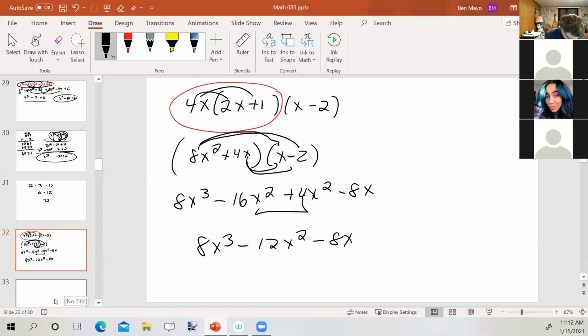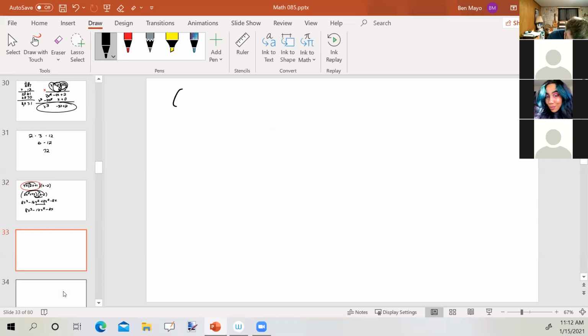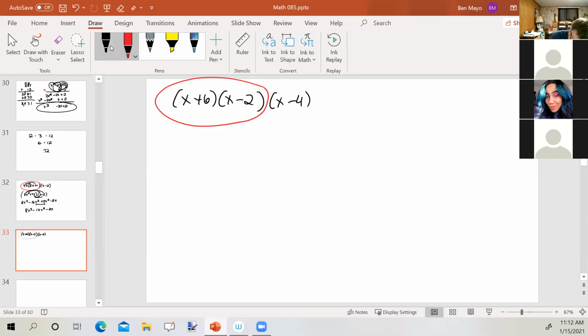All right. We're going to take a binomial times a binomial times a binomial. But here again, we're only going to multiply 2 of them together at a time. So I'm going to do these first 2 binomials. I'm going to FOIL them.